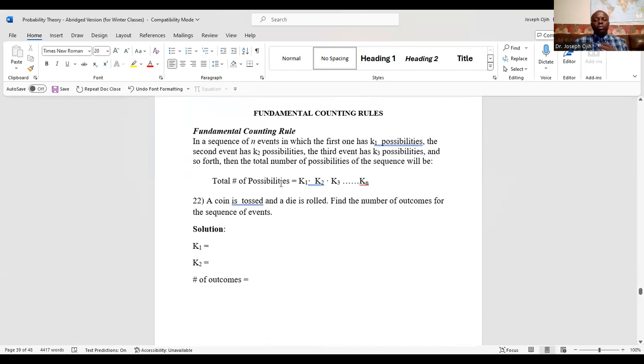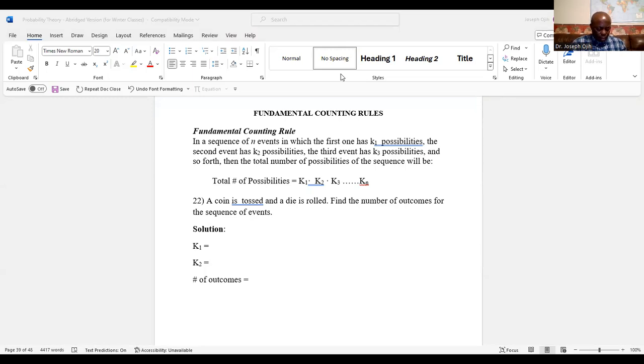The fundamental counting rule says in a sequence of n events in which the first one has k1 possibilities, the second one has k2 possibilities, and the third one has k3 possibilities, and so on like that.